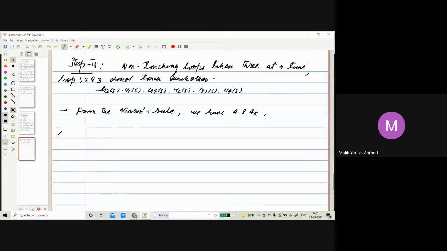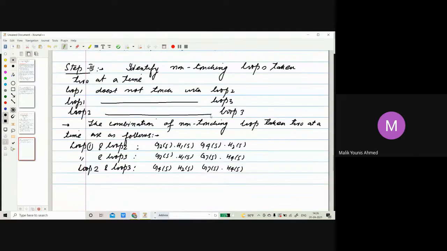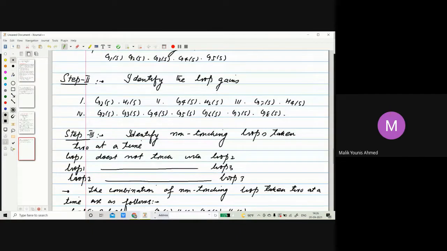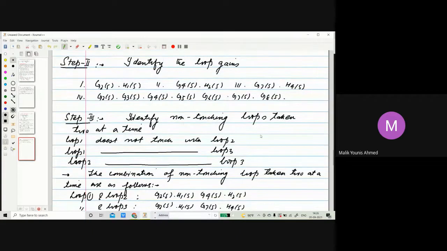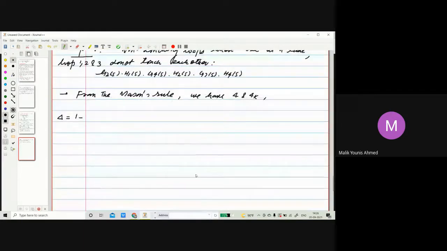Delta will be what? Delta is very simple. 1 minus loop gains. So we have this one, loop gains. First, you can see step here. This is the loop gains. We can just multiply these loop gains together.